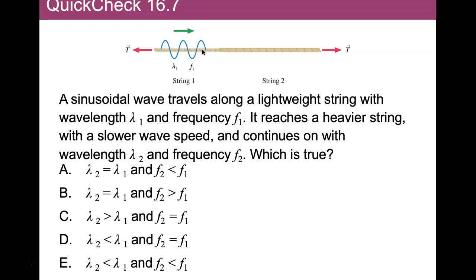Another way to think about it is this point here, which belongs to both, let's say, the left string, string 1, and the right string, string 2. Well, it's moving up and down in some way. It's performing some kind of oscillatory motion, which has a frequency. Now, because it's part of string 1, it must have the frequency of oscillations of string 1.